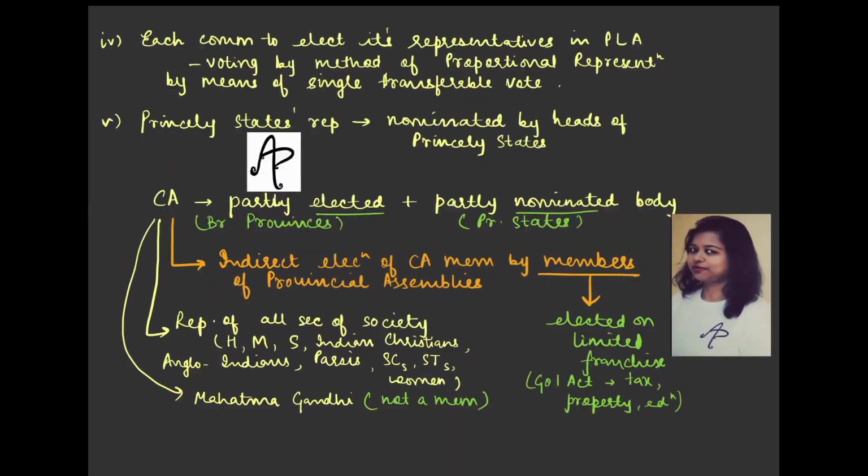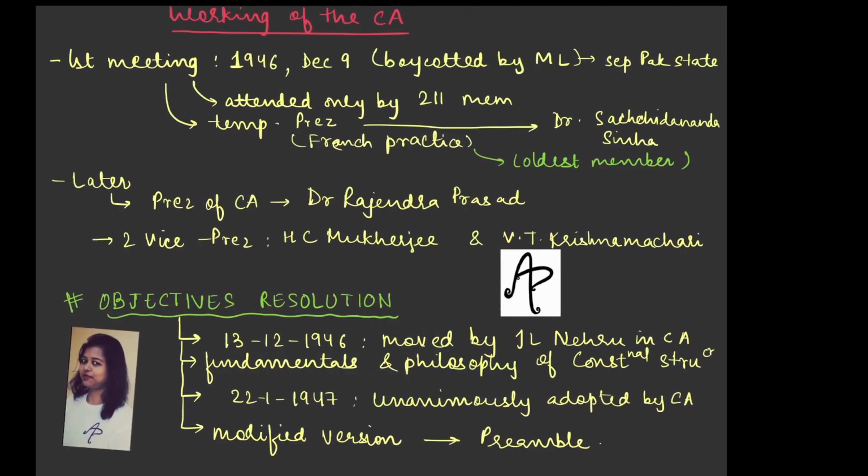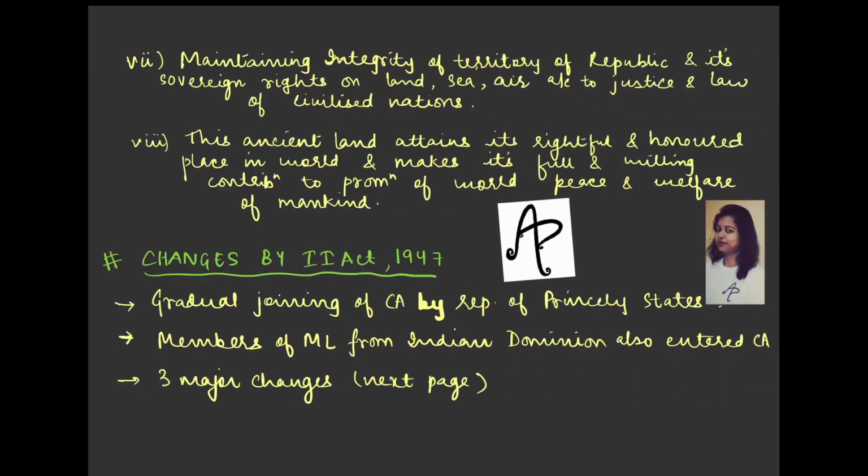They did not join initially, right? But because of the Indian Independence Act 1947, the changes that were made, one thing happened, that there was gradual joining of the Constituent Assembly by the representatives of princely states also. Then members of Muslim League from Indian Dominion also entered the Constituent Assembly. So initially even they did not participate, later they joined.